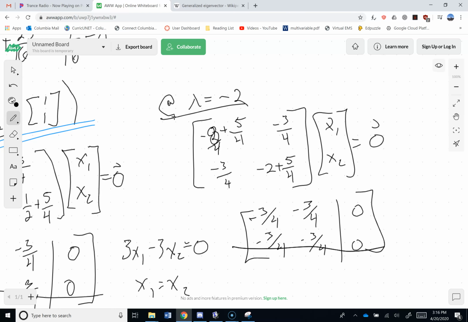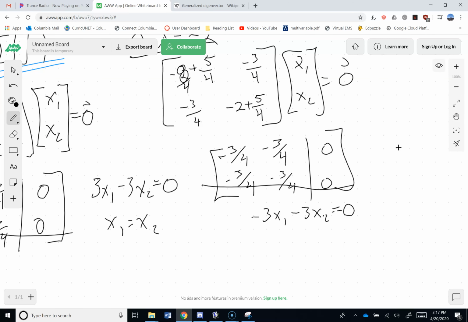Okay, second row is still redundant, which tells me that -3x1 minus 3x2 equals 0. Which gives me what for an eigenvector? 1 and -1.